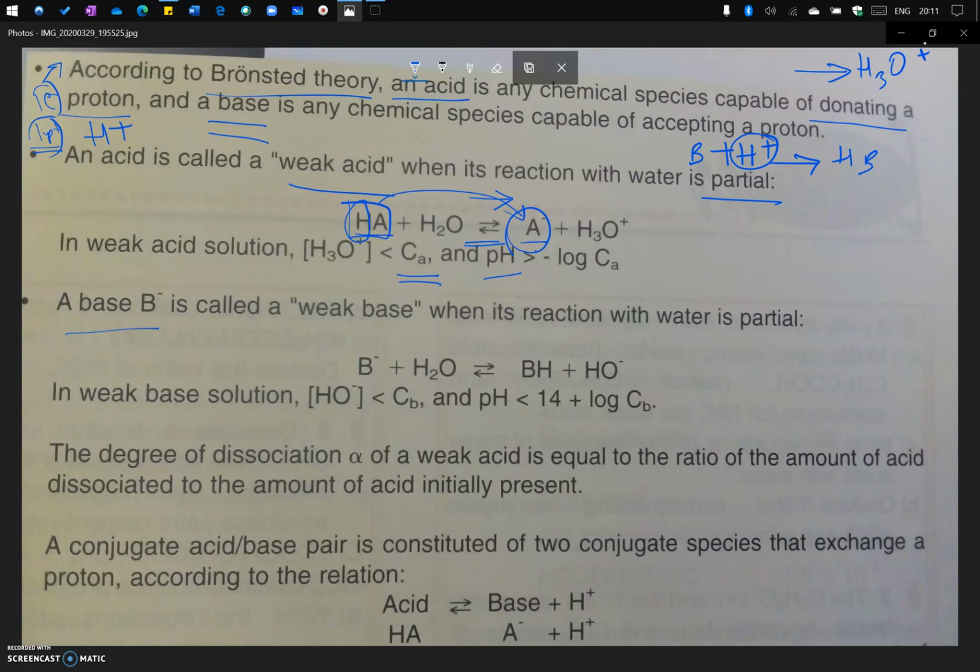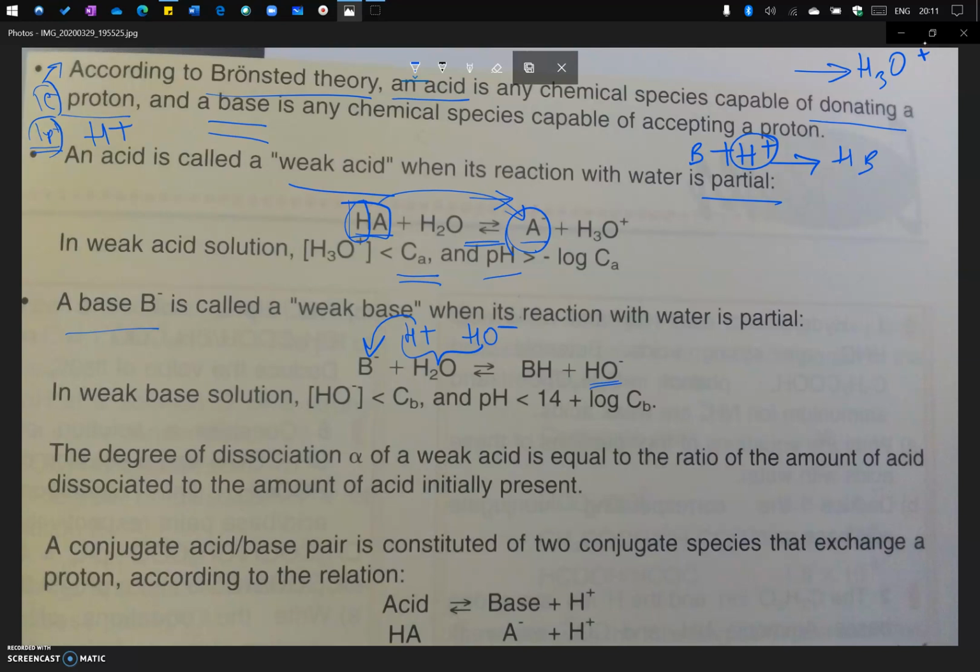So, in a reaction with water, it dissociates incompletely, partially, to give HO- and BH. So H2O will dissociate into H+, which will be attached to B-, and HO-, and the reaction gives a basic solution in the presence of HO-.